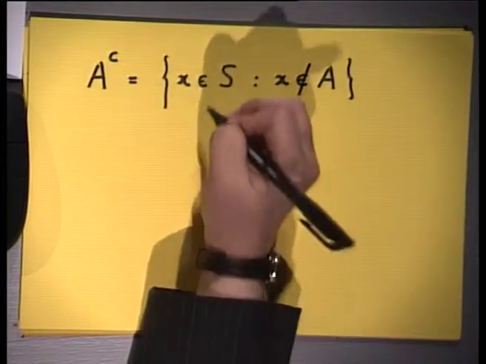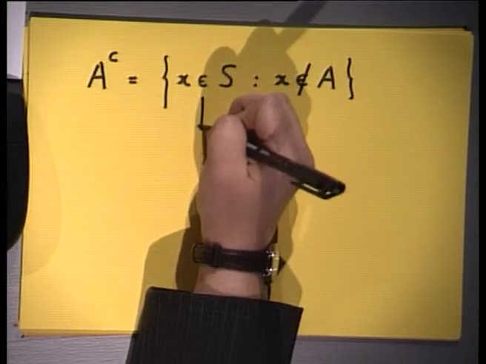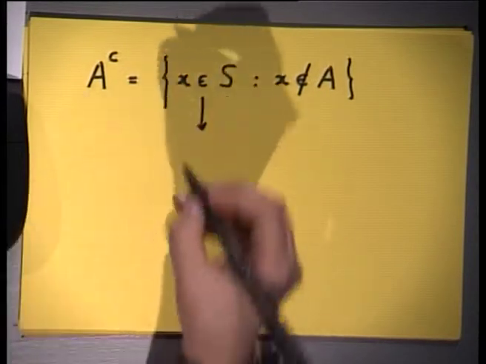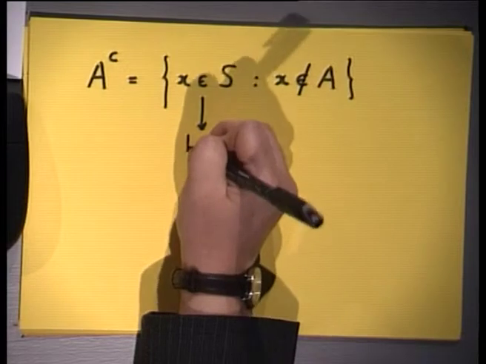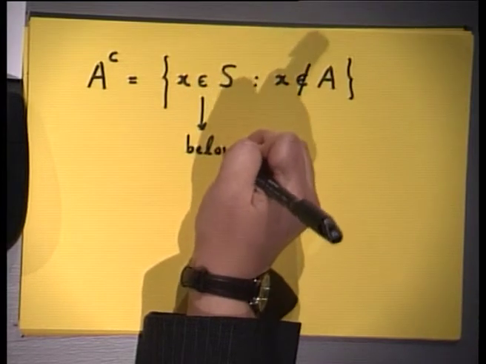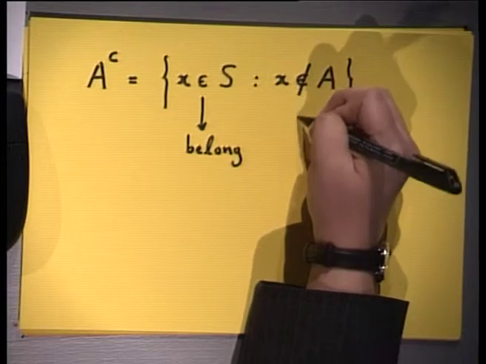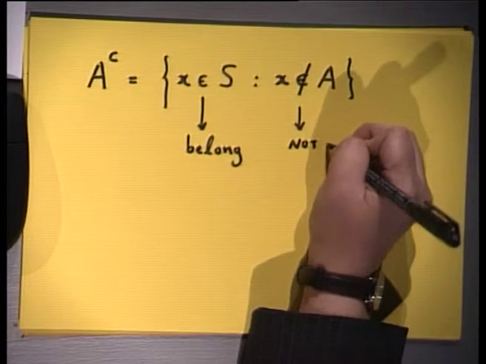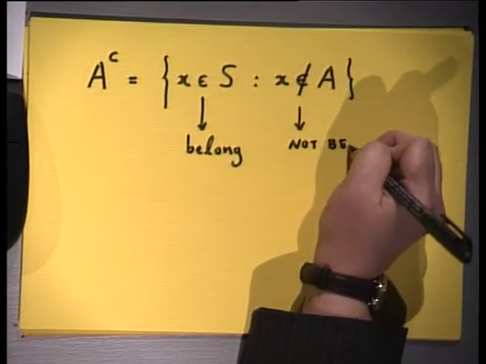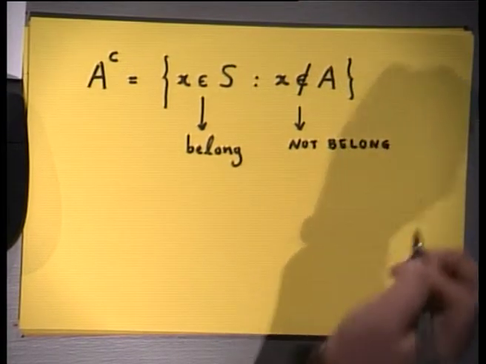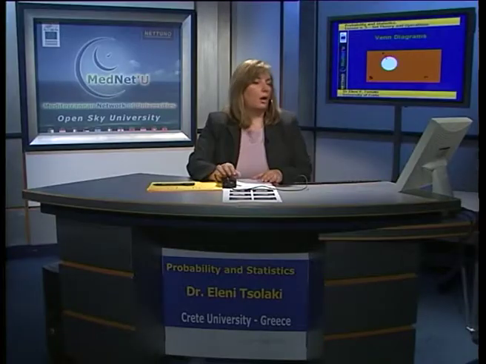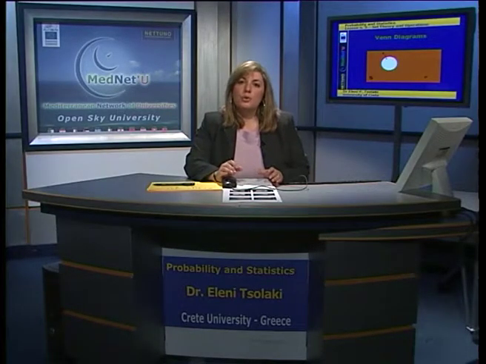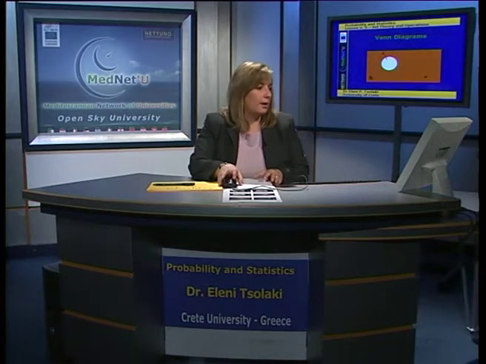Note here that we have used this symbol, which means belong, and this means not belong. Now, we are going to put more events in our sample space and try to do operations with them.